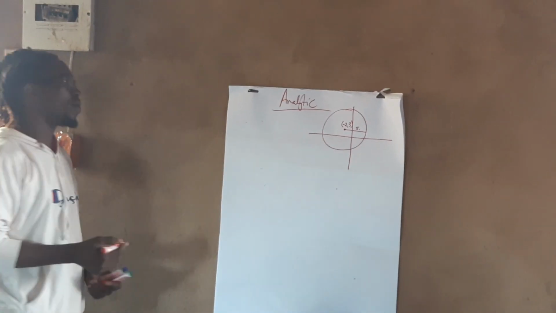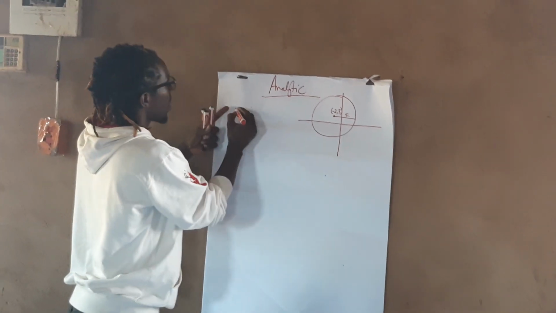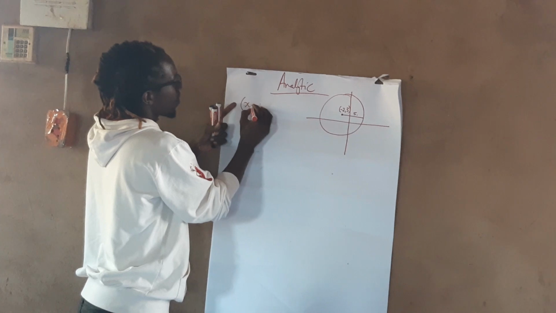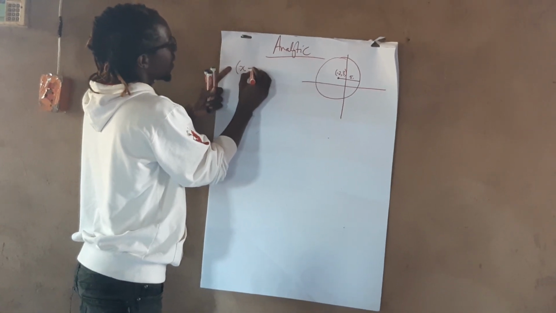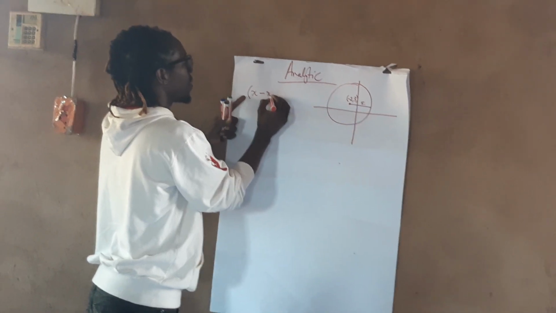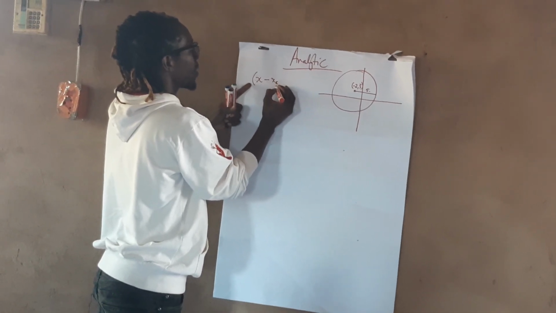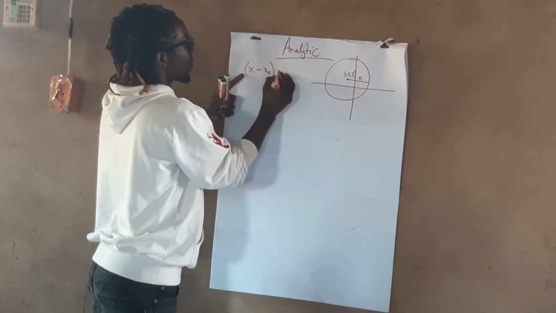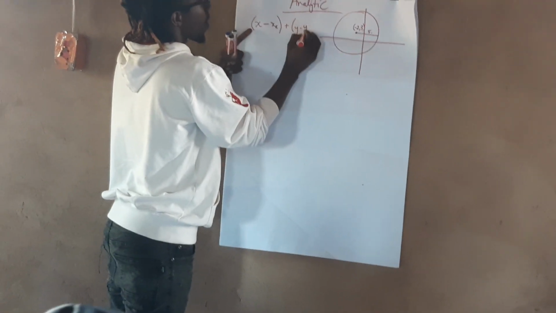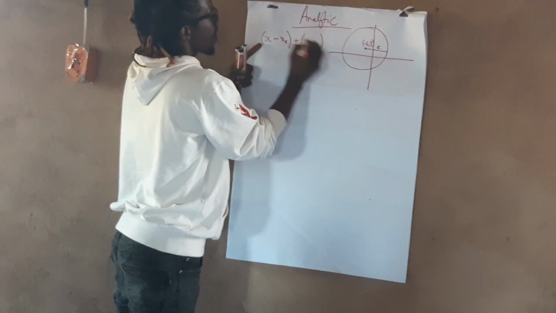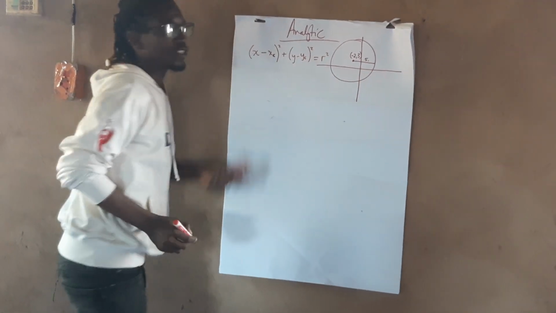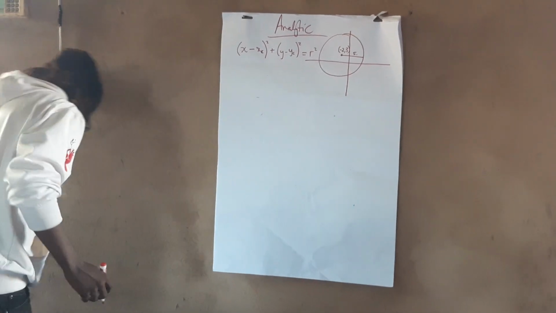This is the equation that we use: (x minus x center) squared plus (y minus y center) squared is equal to the radius squared, right?